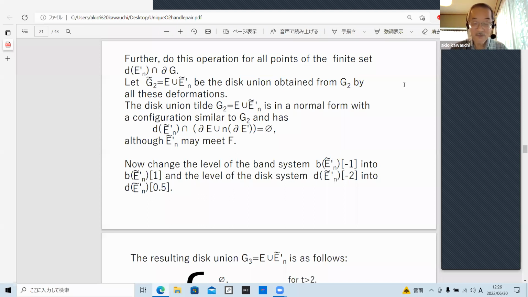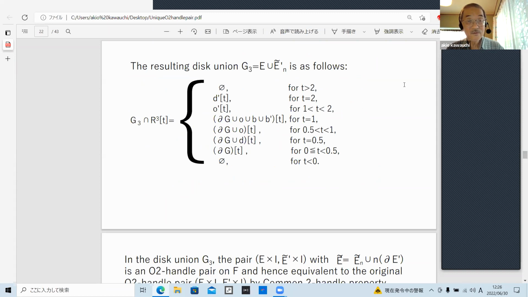Anyway, now change the level of the boundary system. The boundary system is leveled up and the disk system of level -2, the resulting G3, is just like that.